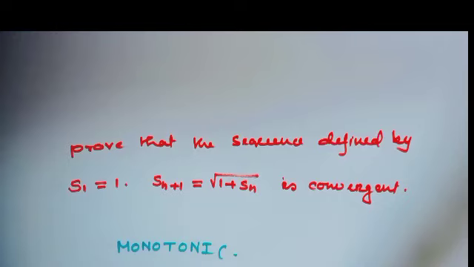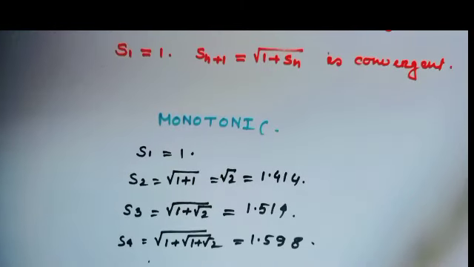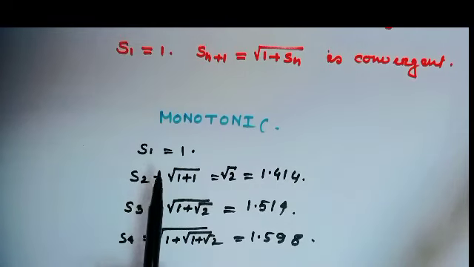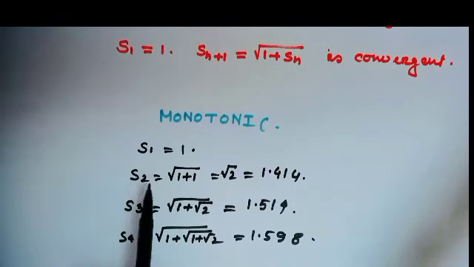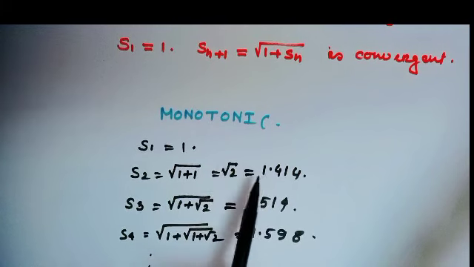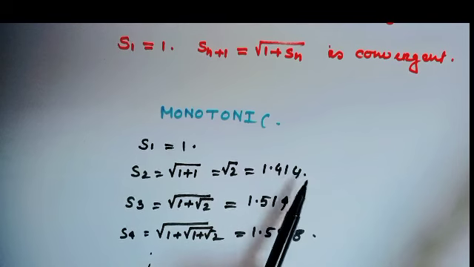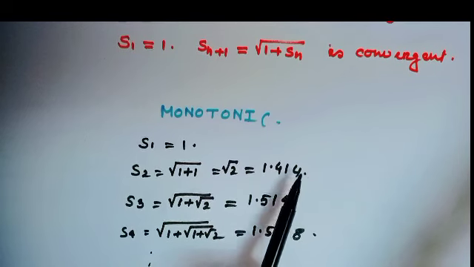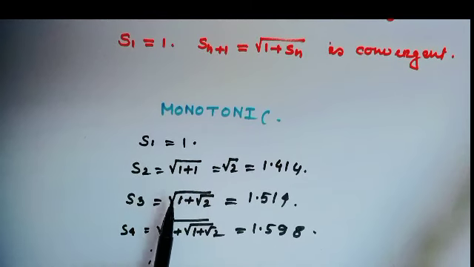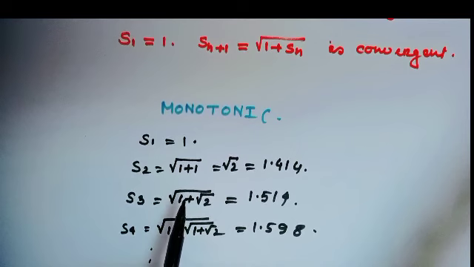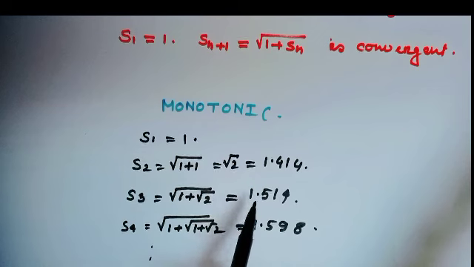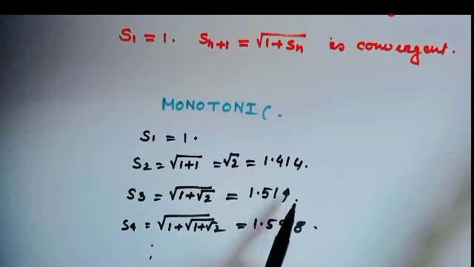At first, we have to verify monotonicity. Look at the sequence. S1 equal to 1, and S2 equal to square root of 1 plus 1, equal to square root of 2, which is equal to 1.414. S3 equal to square root of 1 plus the previous term, which is square root of 2.414, then the value will be 1.554.